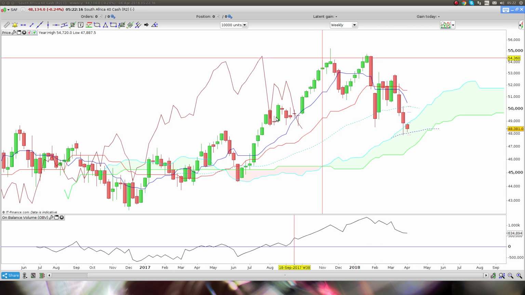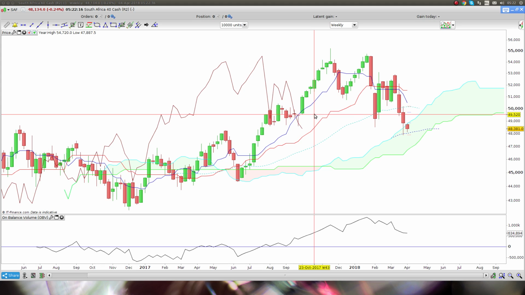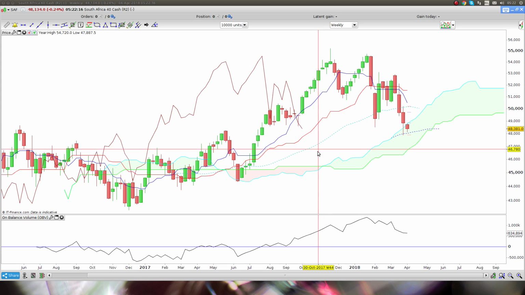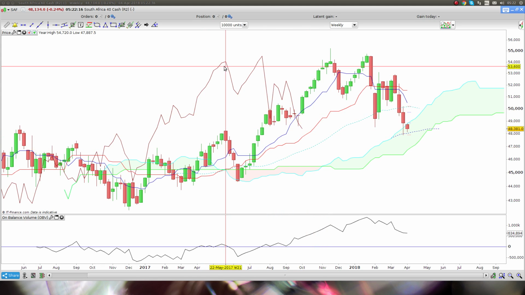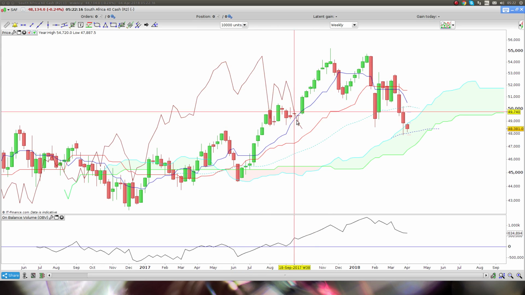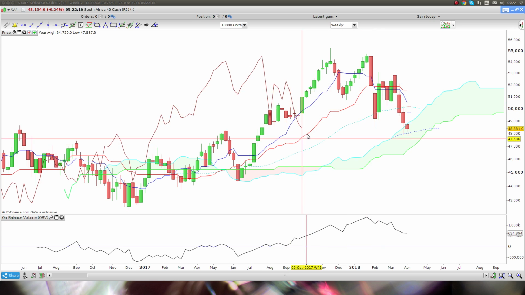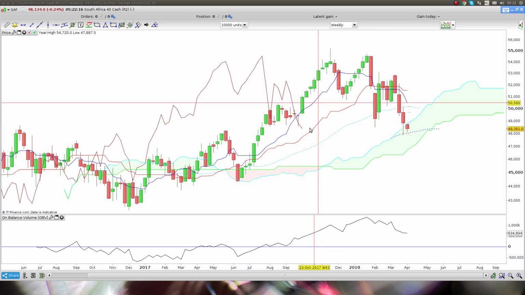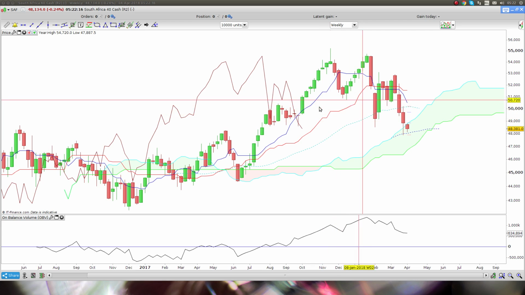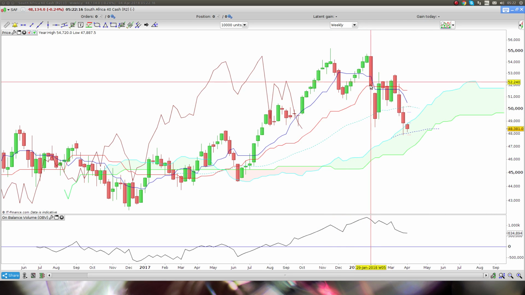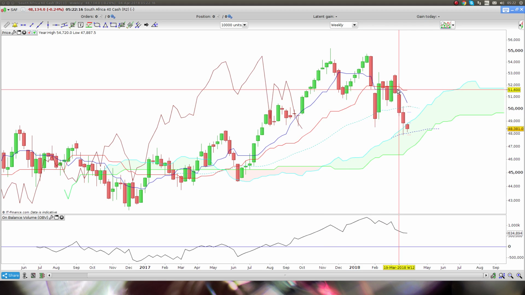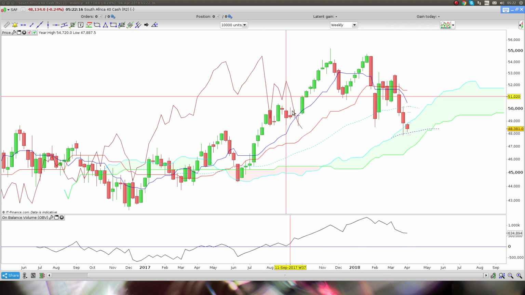And what I want to do is just show you something around Ichimoku. So a lot of people, how you trade the Ichimoku is when we break through price and we've had a crossover. In other words, Tenkan-sen, which is the blue line, and Kijun-sen, which is the red line, have crossed over. You can see there was a crossover there, pointing down, and we've broken through.